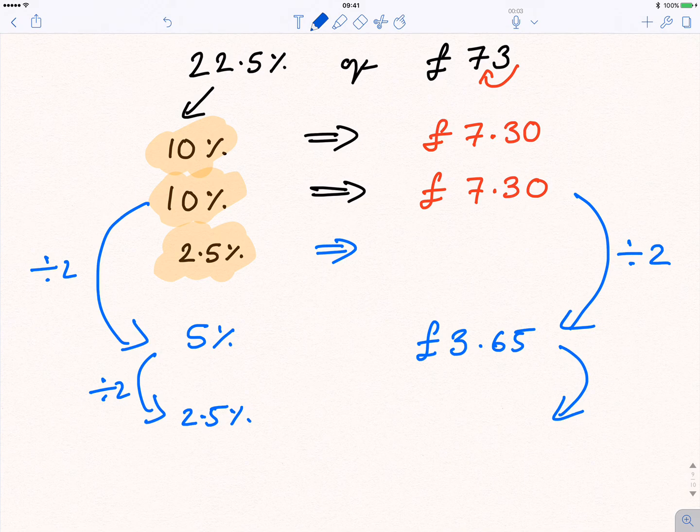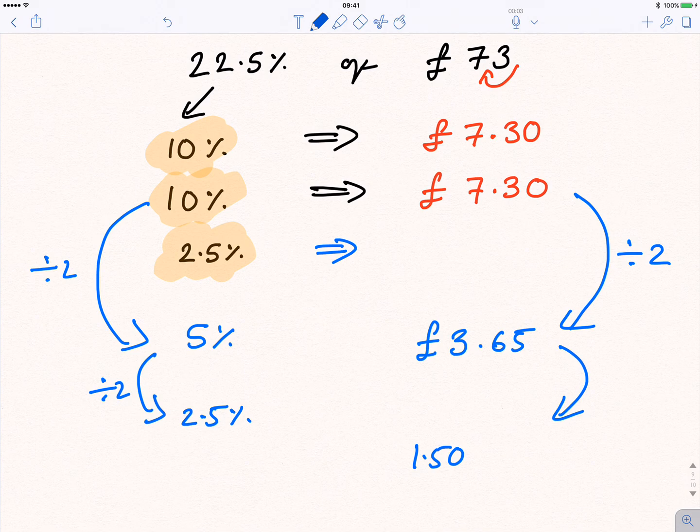Well, half of £3 is £1.50. Now what's half of 65 pence? You notice that you cannot halve 65 without having a decimal.